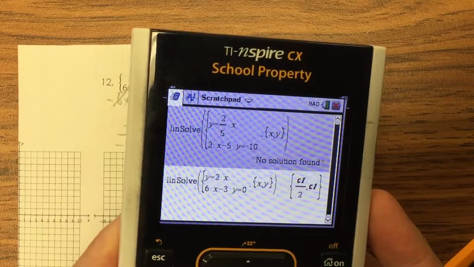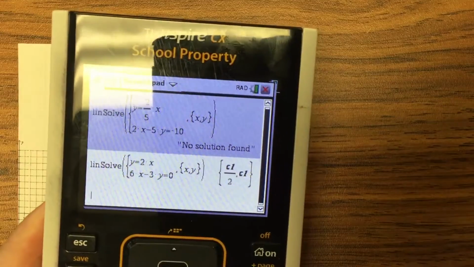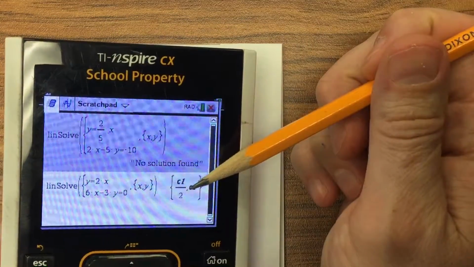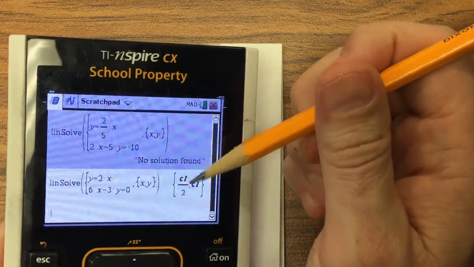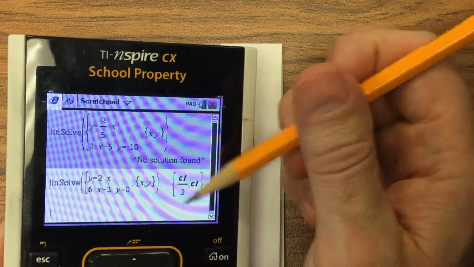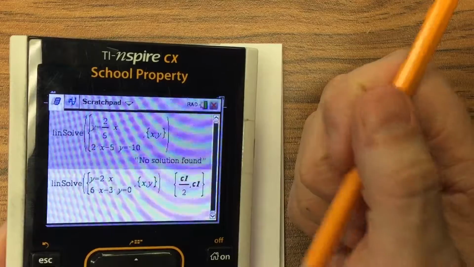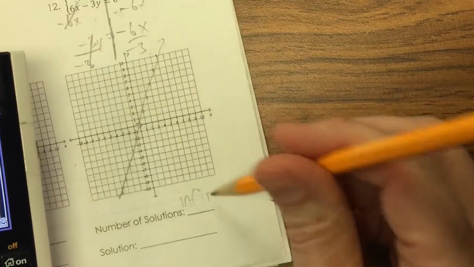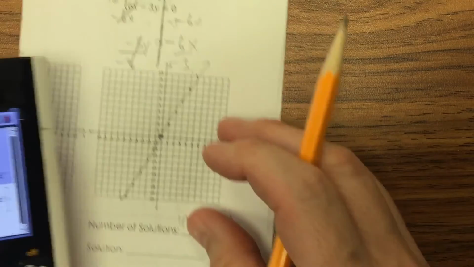C1. Okay? Whenever you see C1 in your solution, it actually is talking about there's a constant, okay? And it's trying to calculate what's going on, but basically what it means is you have infinite solutions, okay?